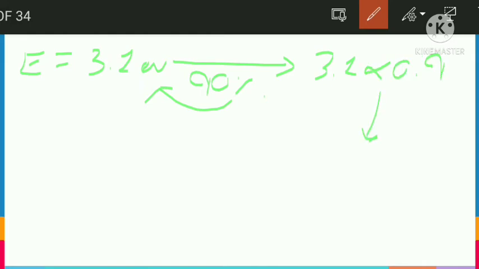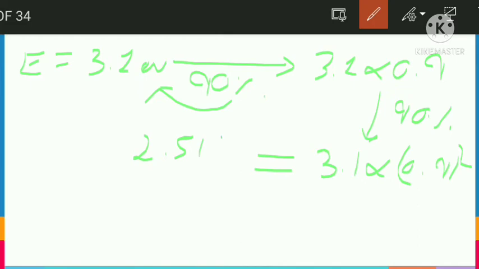Again 90% is retained because of 10% loss, so it comes to be 3.1 into 0.9 whole square. Solving this, you will get a value of 2.511 electron volt. So yes friends, this much energy is still retained by the electron after the photon gives its energy and two collisions have been done.